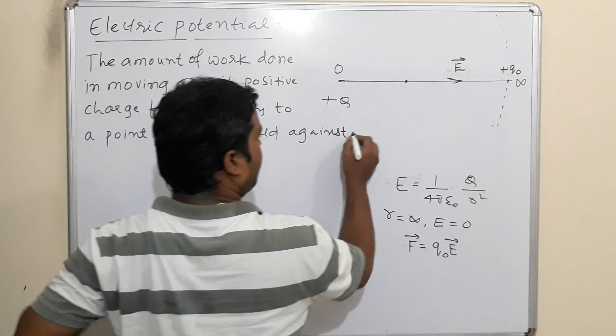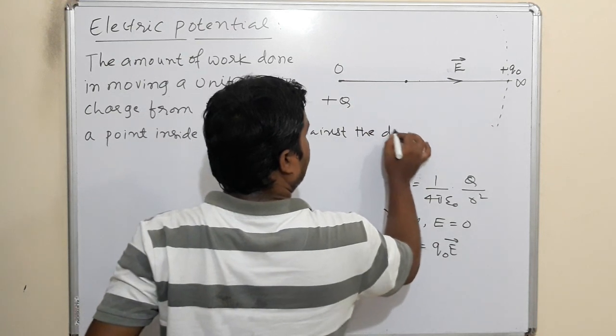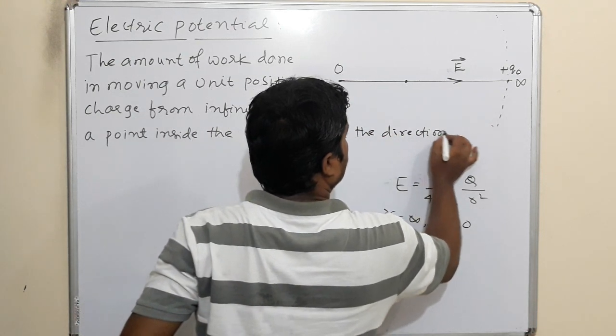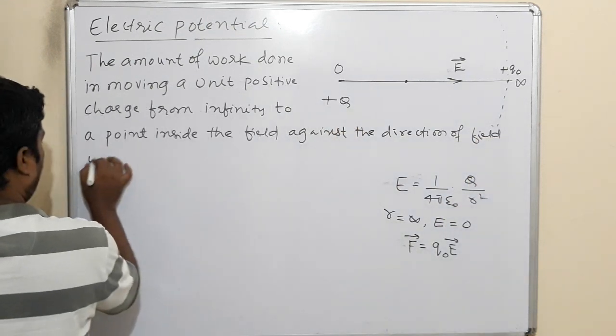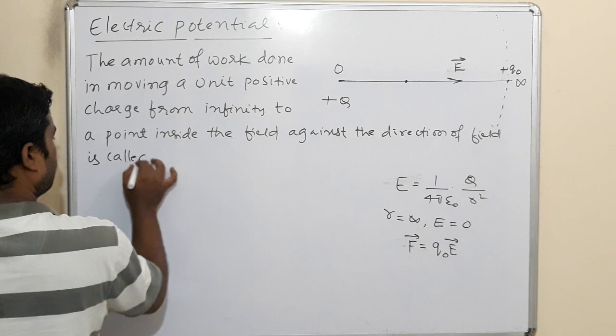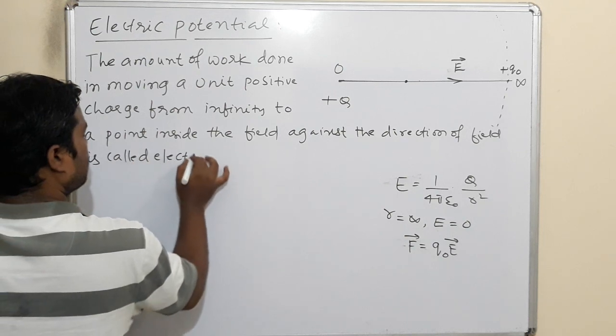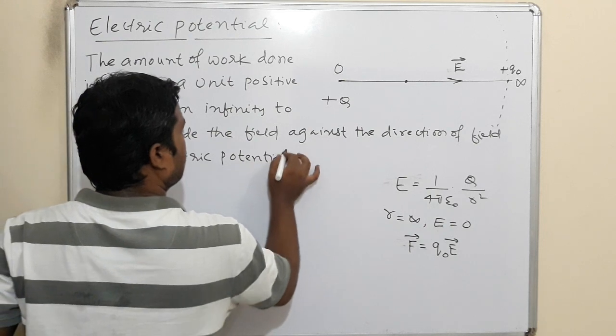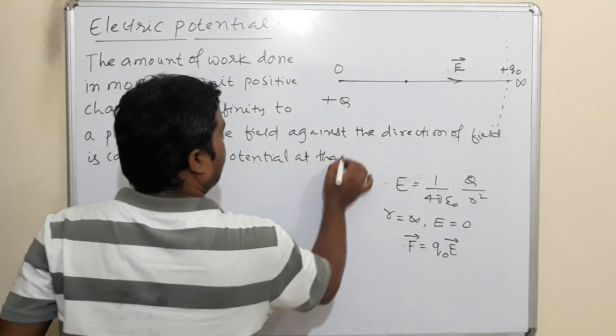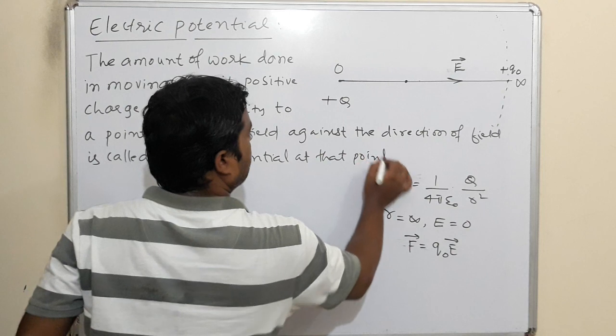It is very important that it is against the direction of the field. This is called the electric potential at that point. Is that clear?